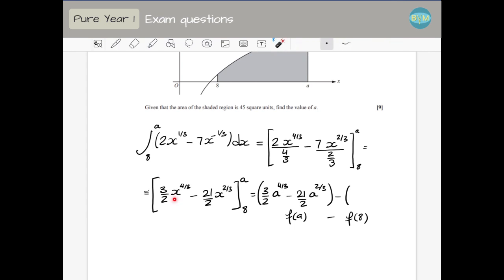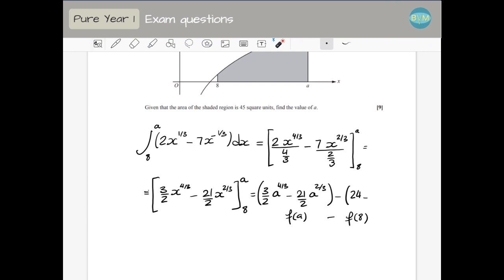So I have 8 to the power of 4/3 times 3/2. You can do it with the calculator, or think that the cube root of 8 is 2, then 2 to the power of 4 divided by 2 is 2 to the power of 3, which is 8, times 3 is 24. But you can do that with the calculator to not make mistakes.